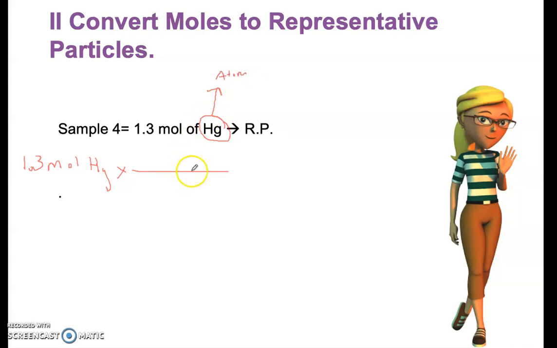Okay. So, how this works is we're going to have to use the reciprocal for the formula, or the conversion factor. So it's going to be 1.0 mole Hg on the bottom, and Avogadro's number on top.